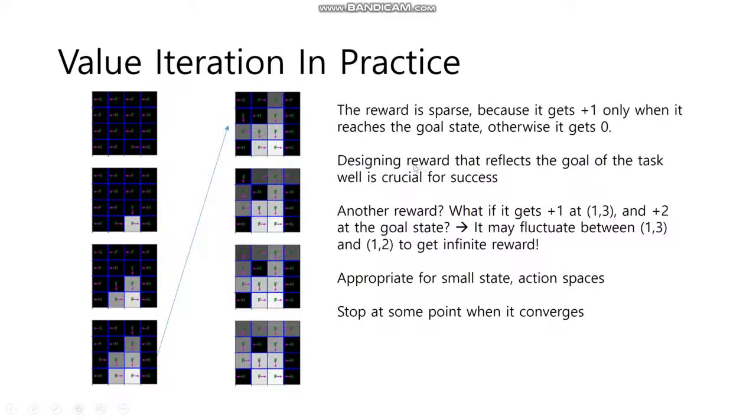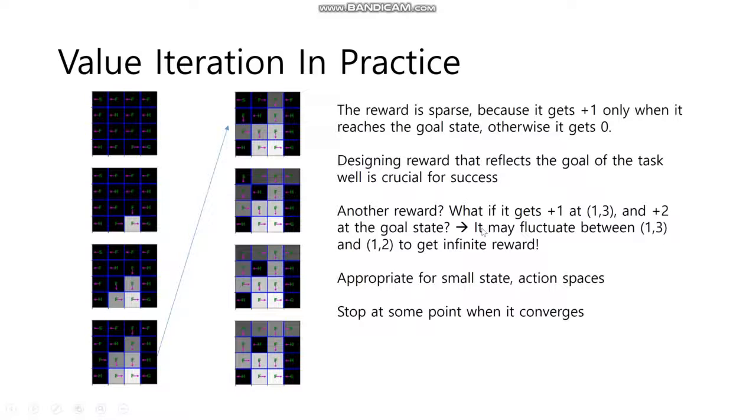So for example, what about we design another reward function? What if the agent gets +1 at 1, 3 here and +2 reward at the goal state? In this case, the agent still gets the highest reward when it reaches the goal state.